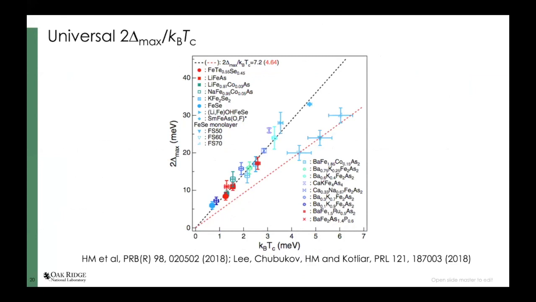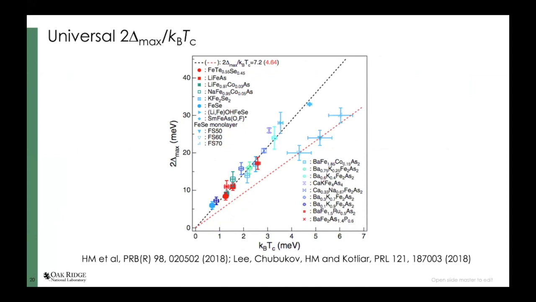Then we keep digging in and study what else can we find. An interesting observation is the scaling between the superconducting gap and the superconducting transition temperature. Similar maps have been done by other people, but initially they were trying to put all the superconducting gaps and try to scale with TC.